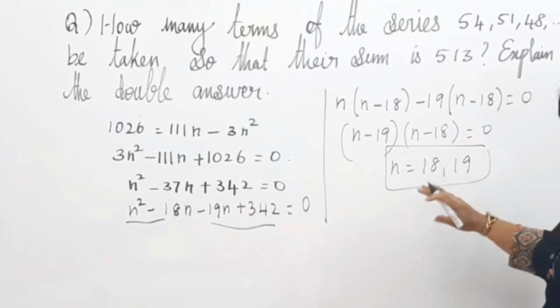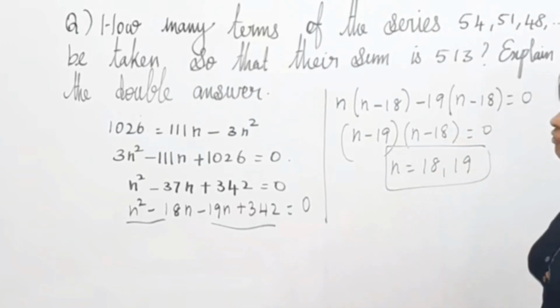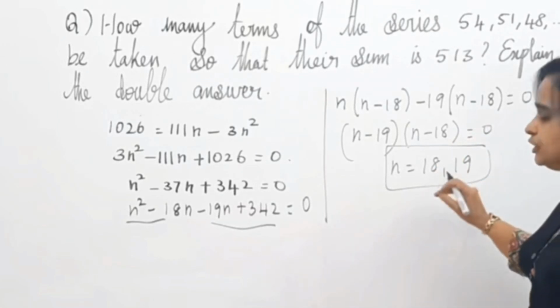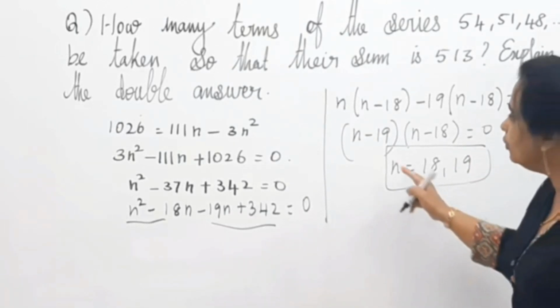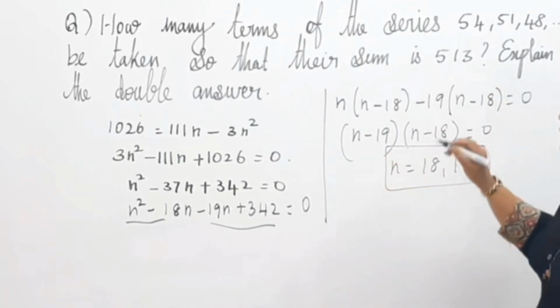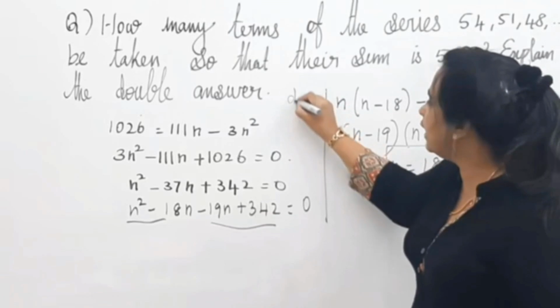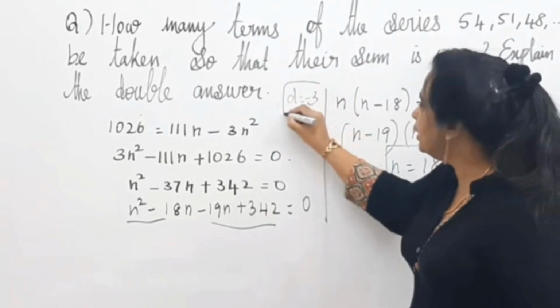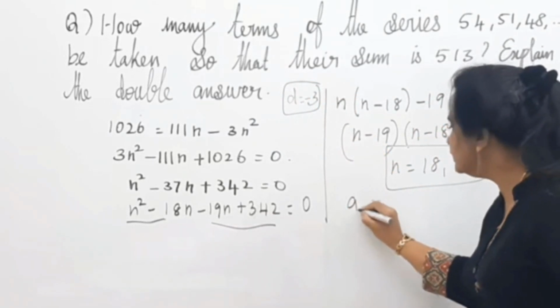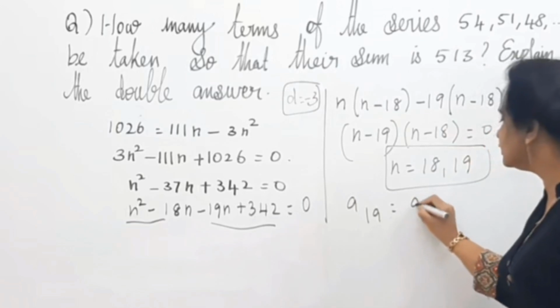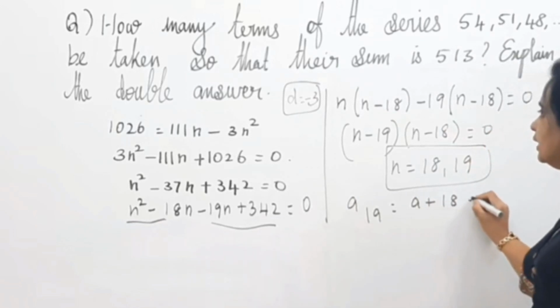So 0 plus 513 is going to be 513. Now, which term is 0? I know my d is equal to minus 3. Let me have my A19 here first. That is A plus 18D.